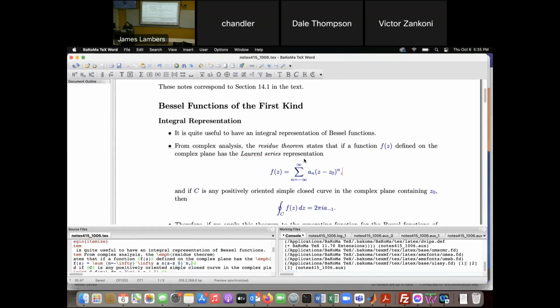If you have a function represented that way, then you take the integral of f of z over a positively oriented simple closed curve in the complex plane, any such curve, for example a circle, which is what we'll use later. It turns out that the value of its integral is 2 pi i times the coefficient of the Laurent series corresponding to n equal to minus 1.